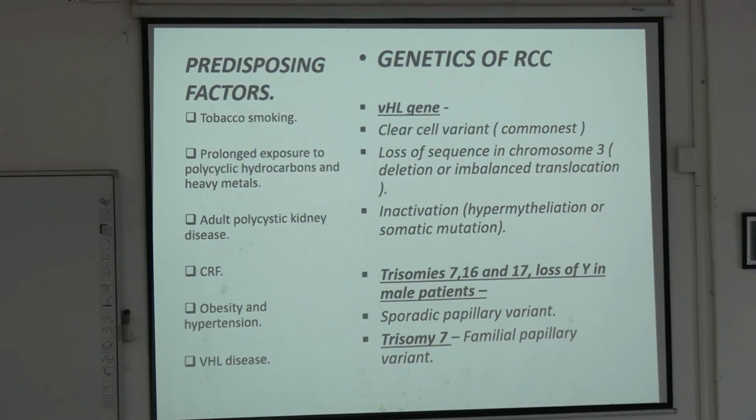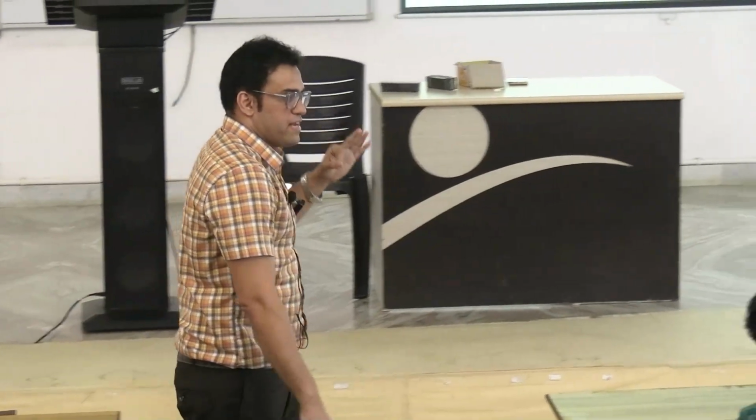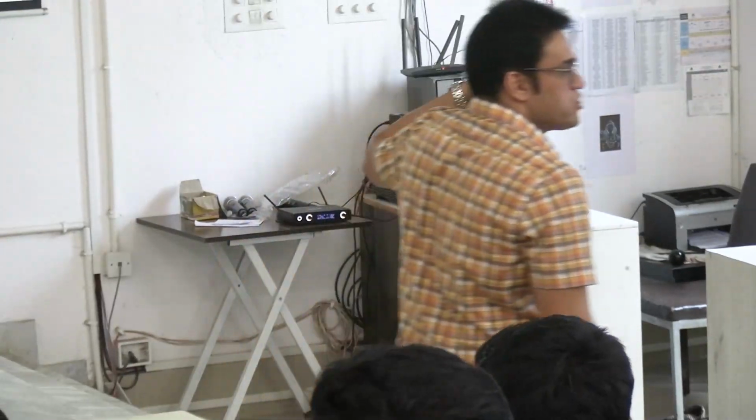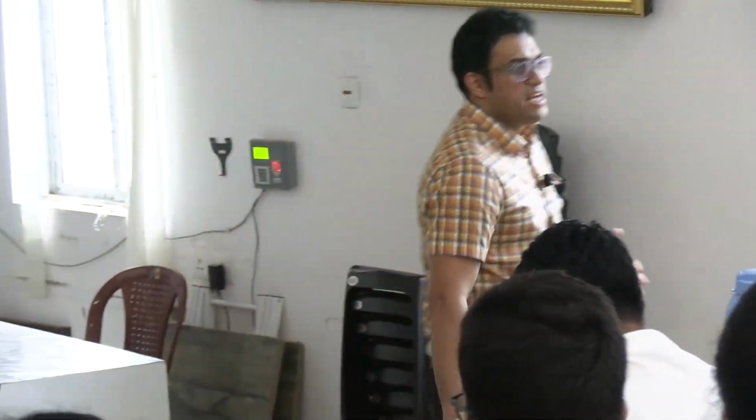Obesity, hypertension and VHL. Have you heard of VHL? Von Hippel-Lindau disease. What happens there? Patients develop cerebellar hemangioblastomas, retinal hemangiomas, etc. That is called VHL. So patients with VHL disease can also develop RCC, and you will see when we talk about the most common variant, the clear cell variant of RCC, there is mutation of the VHL gene at chromosome 3.